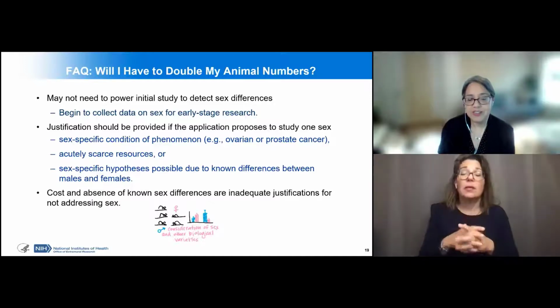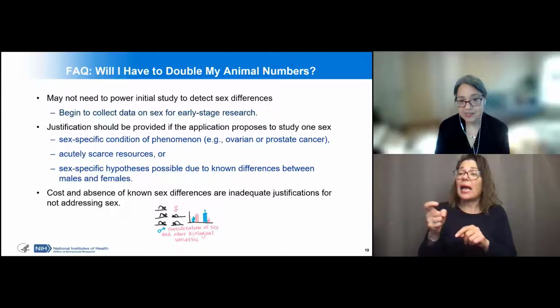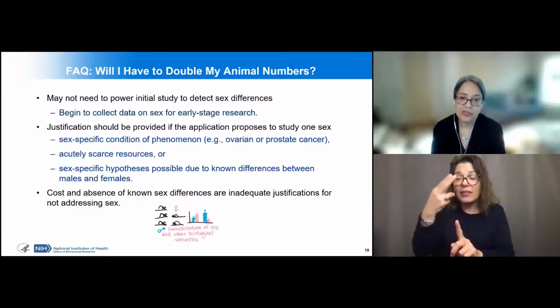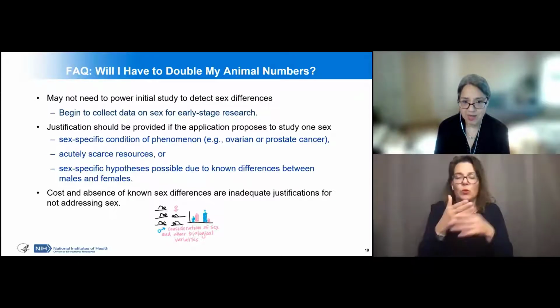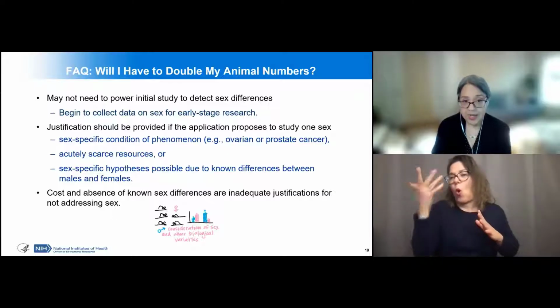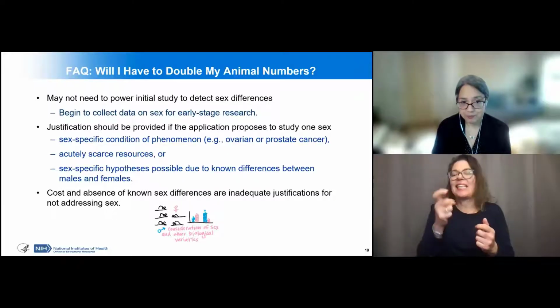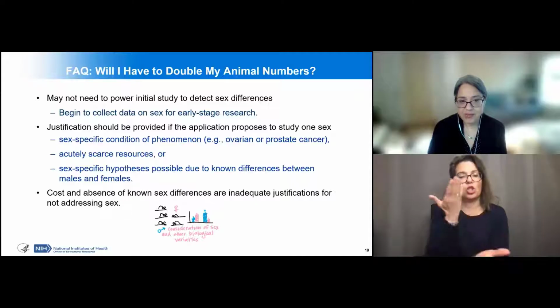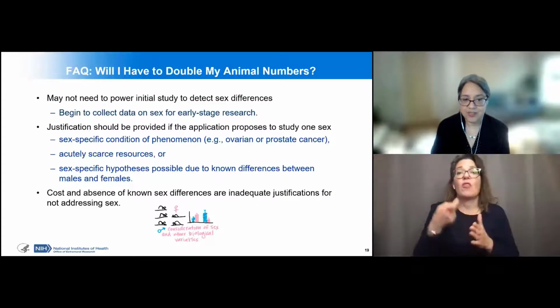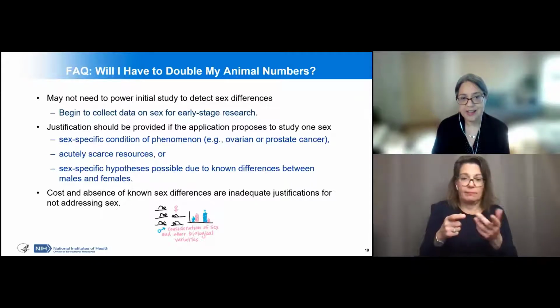Also, you could make a sex-specific hypothesis if you already know that there are differences between the males and the females. That's another justification you could provide. Cost and absence of known sex differences are inadequate justifications for not addressing sex.